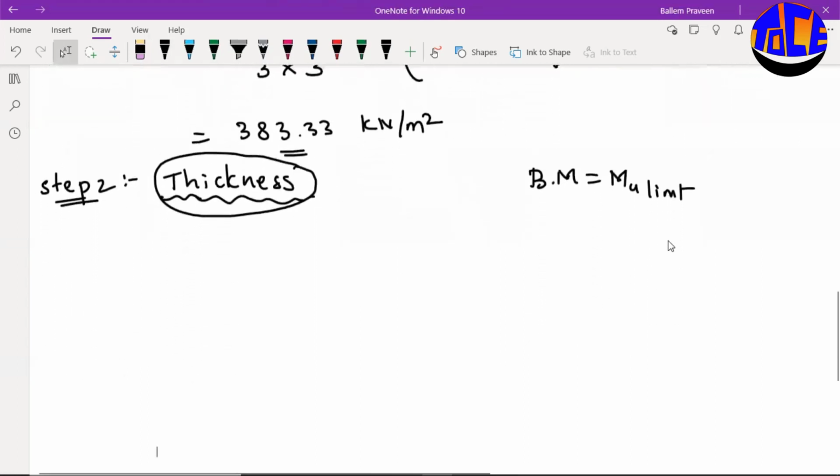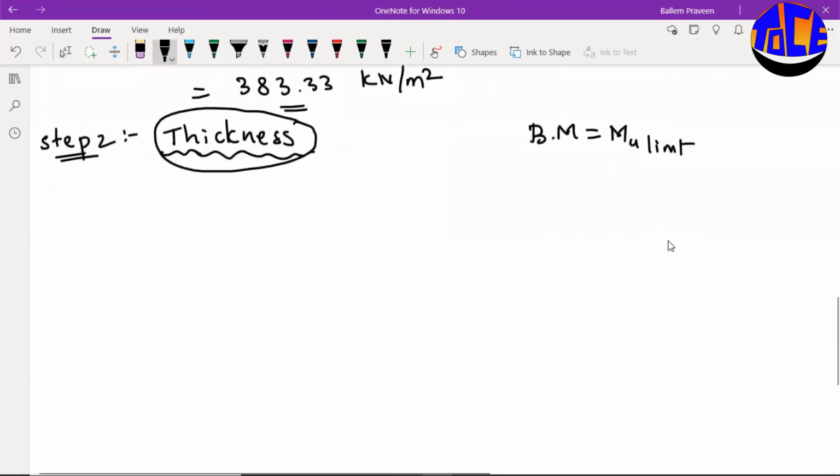In footings you will have one-way shear and two-way shear. Let us firstly go to the one-way shear. Usually one-way shear is more critical than two-way shear. Where will the one-way shear be acting?